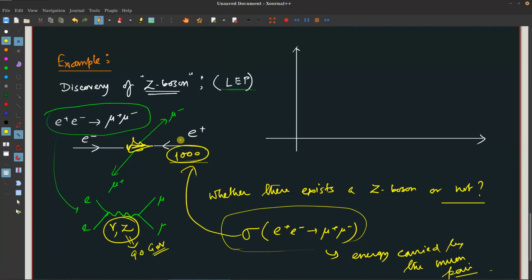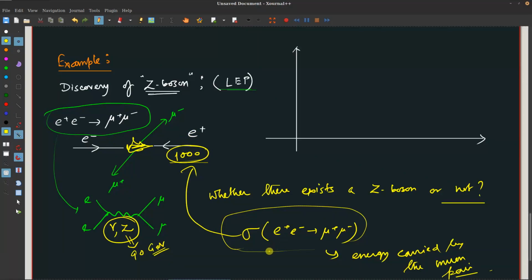Like, what is the flux of this e plus e minus? Again, ask your experimental friends to explain this thing, and if they cannot, then you can curse them. Okay, but this is essentially the luminosity. In layman's terms, it is how many e plus e minus are participating in the collision. And this sigma is what fraction of those are being converted into mu plus mu minus pairs. Roughly speaking, that is essentially true.